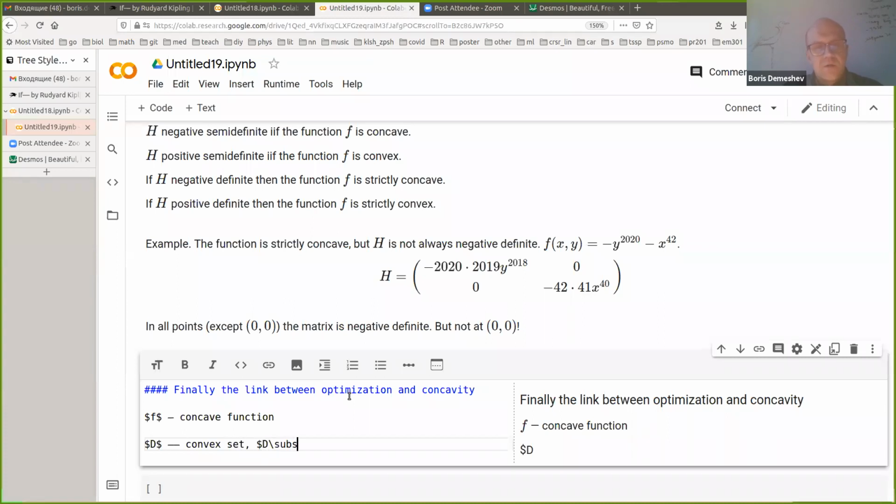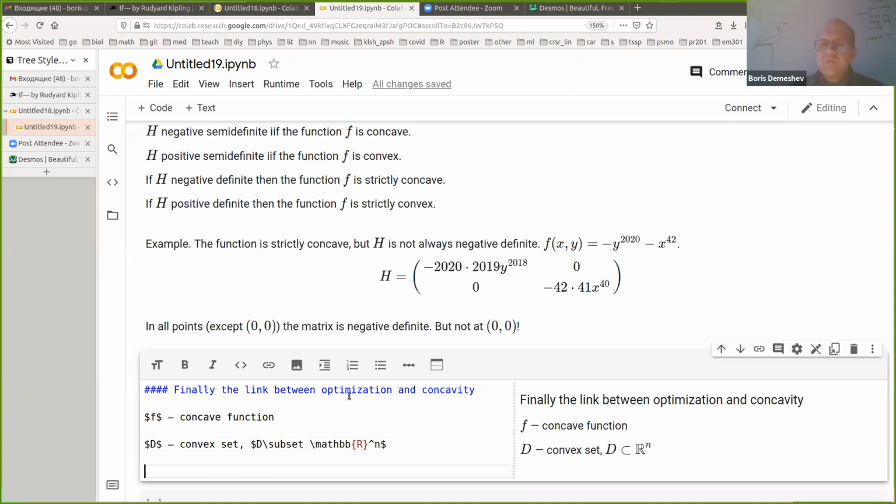D is in our n-dimensional space. So D will be a convex set, D is some subset of Rn. And then we clearly have the first link, the first theorem.